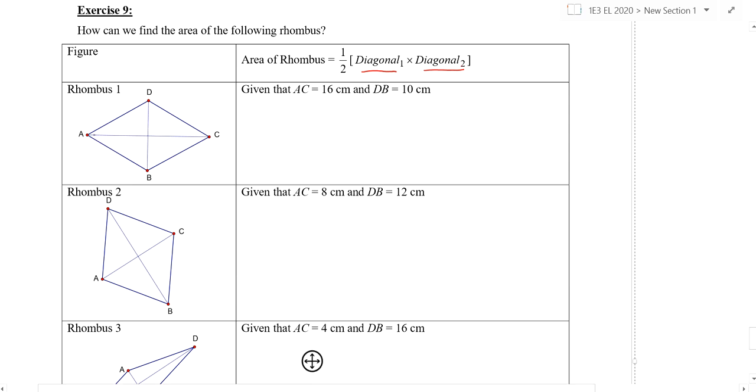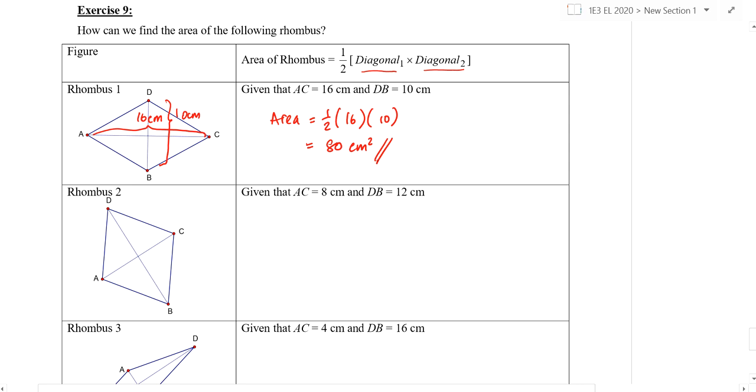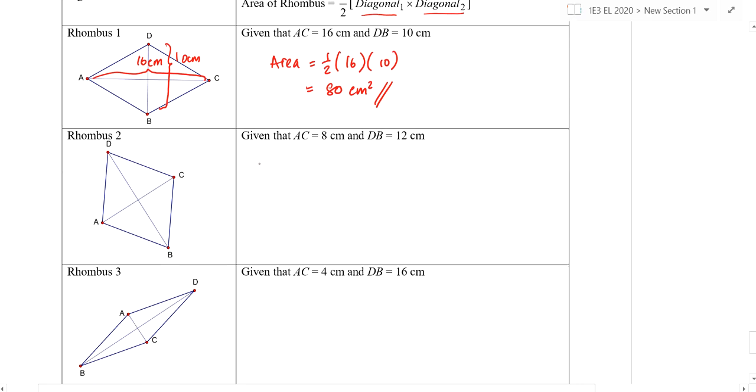Given that AC has a length of 16 centimeters and the length of BD is 10 centimeters, we can now write area is half times 16 times 10. Straight away, we get the answer of 80 square centimeters. Okay. Next, rhombus number 2. Area is half of a diagonal.